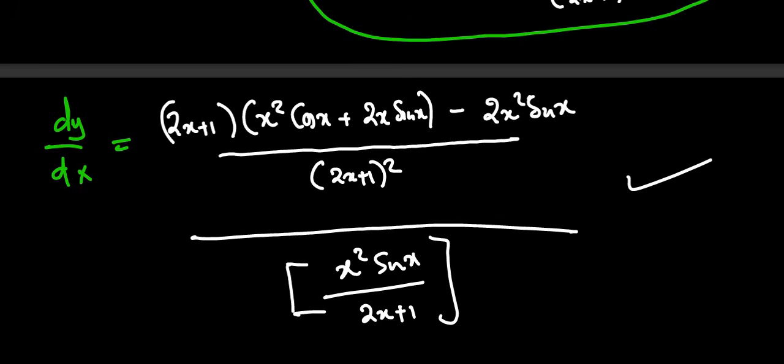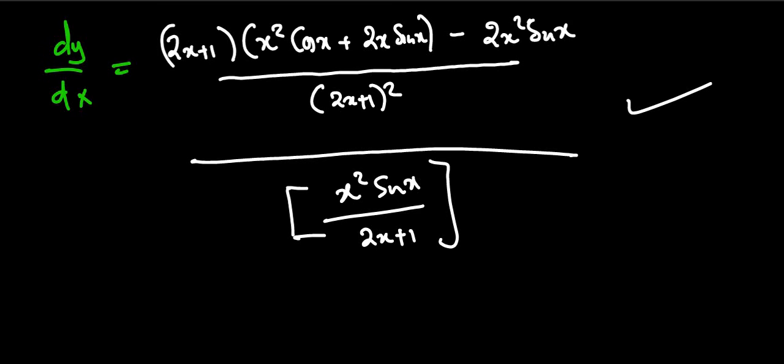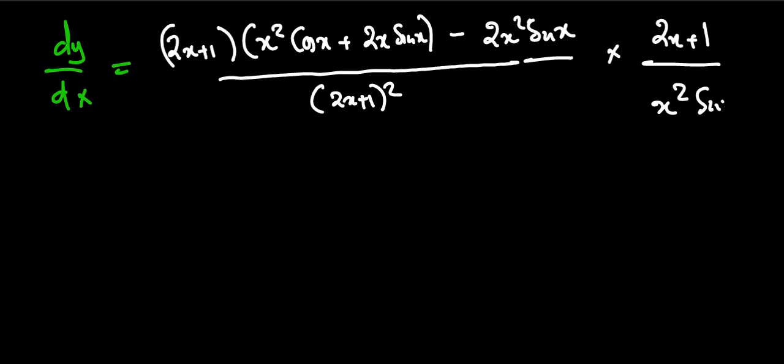Yeah, some people will finish it off. This is supposed to be the same as if you do the multiplication here, the cross multiplication, because we are saying everything here is being divided by x squared, or rather let's say it's being multiplied now, because we can change the division to multiplication. That's 2x plus 1, and then we have x squared, then we have sine x.